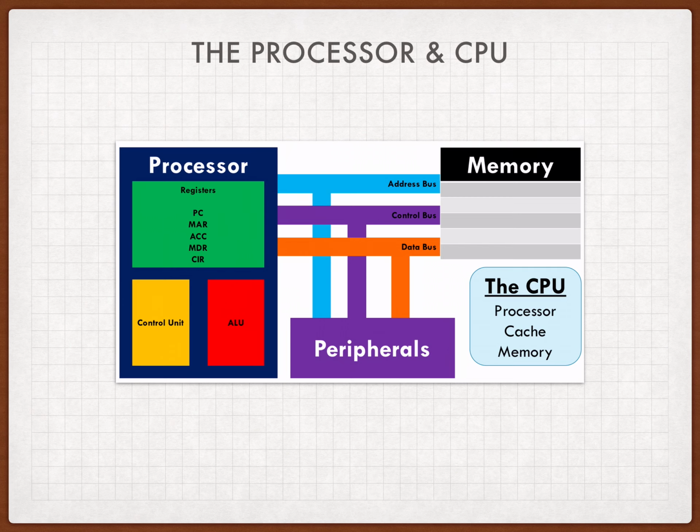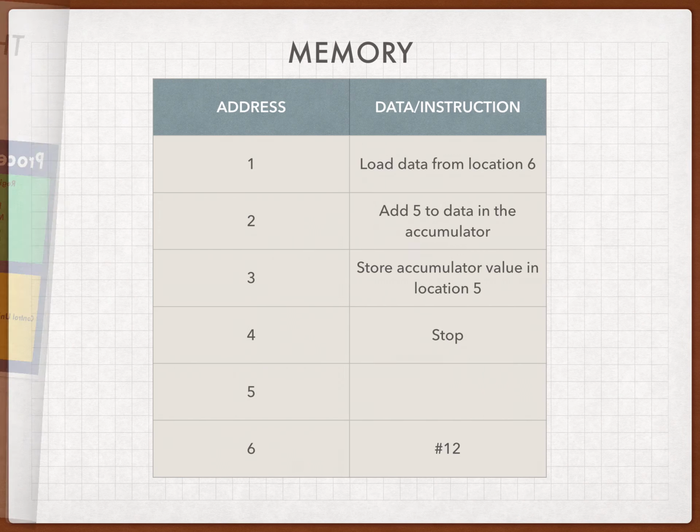The buses that you can see in the centre of the image are in place to manage moving data from one place to another in the computer system. Collectively, these 3 buses are known as the system bus. Memory is a place where we store data and instructions.